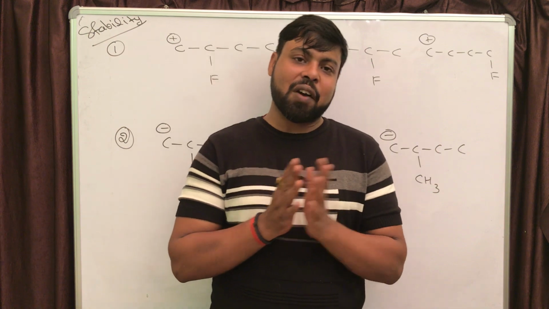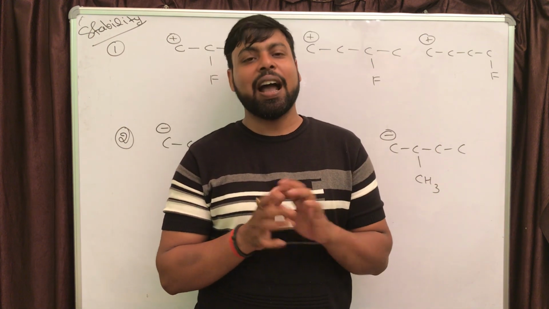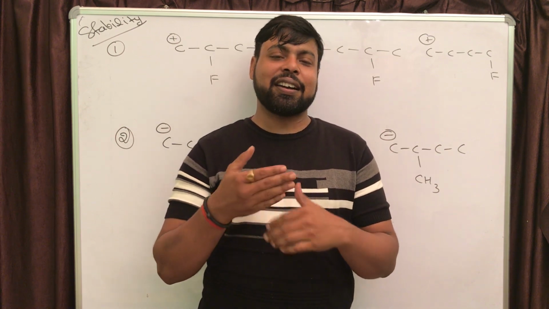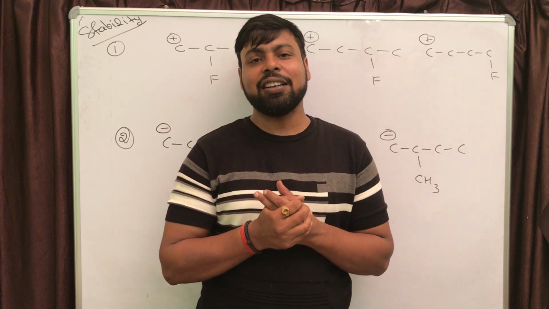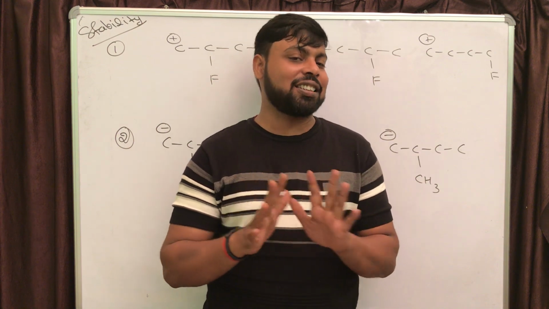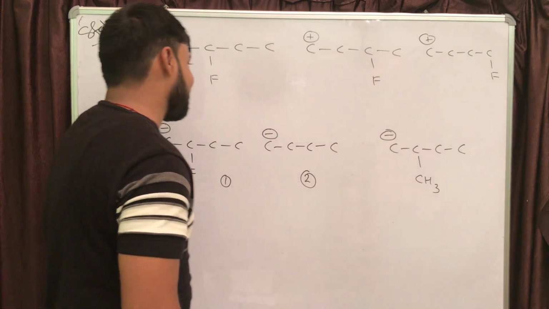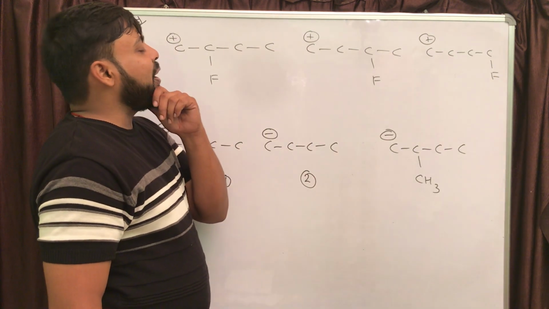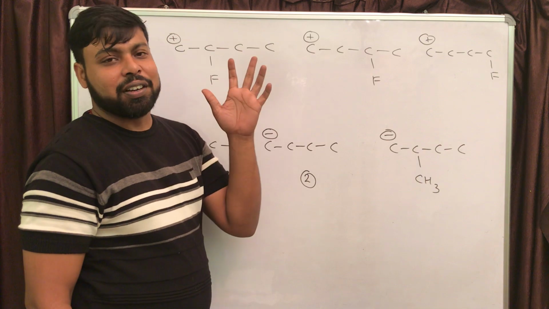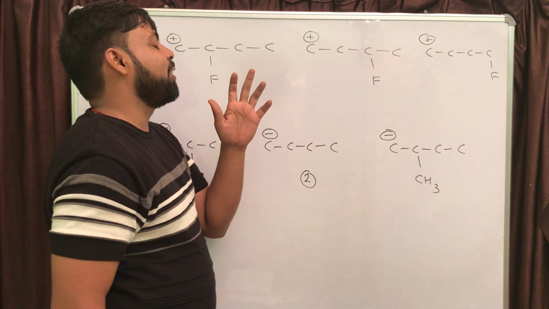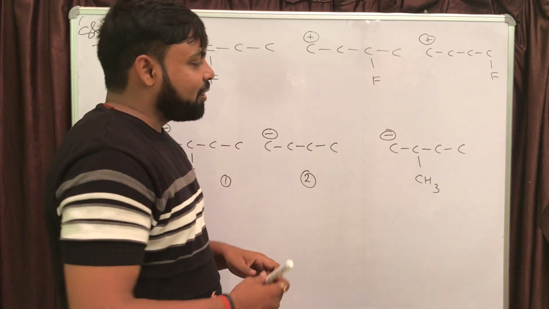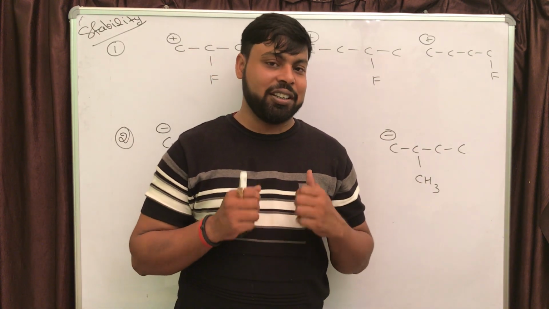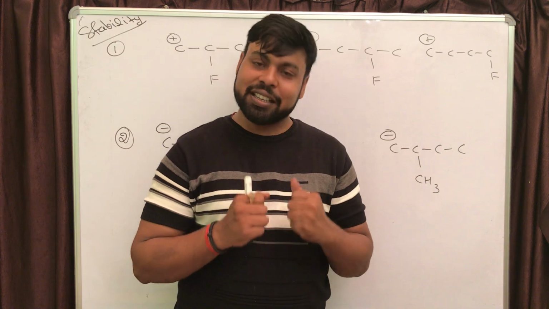As we move away from polarizing group, inductive effect decreases and it is neglected after third carbon. That was the statement we have written. And if you compare in the first one, the only point of difference is position of fluorine. Position of fluorine is changing, right? We know that fluorine is having electron withdrawing ability, right? Fluorine is minus I group.